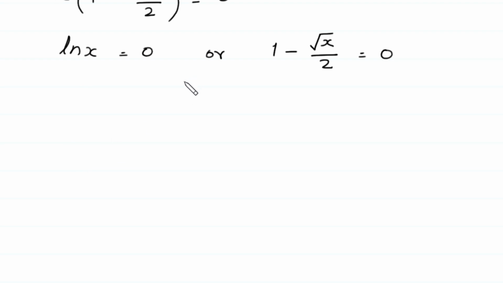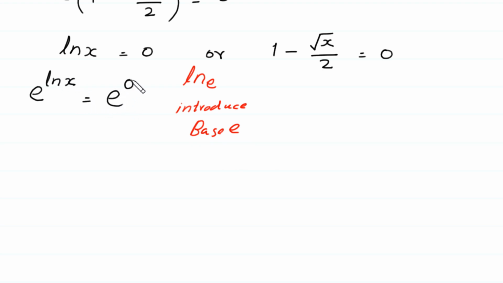Now because the base of natural log is e, we introduce base e to both sides, like this: e to the power ln of x is equal to e to the power 0. Now according to this natural log property, e to the power ln of a is equal to a.